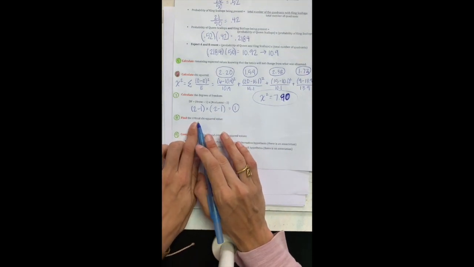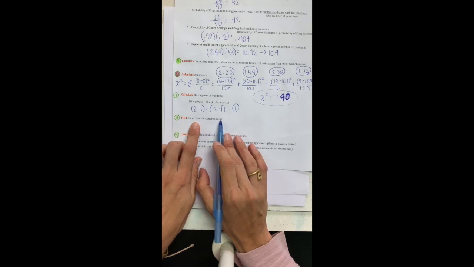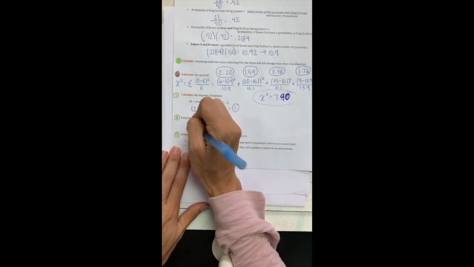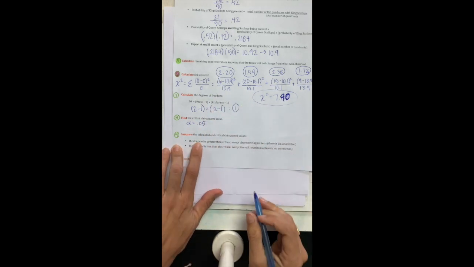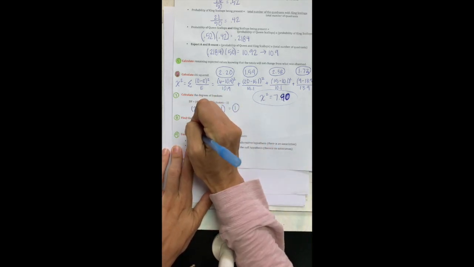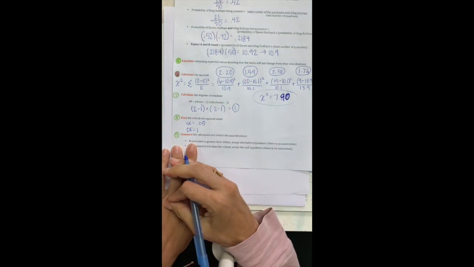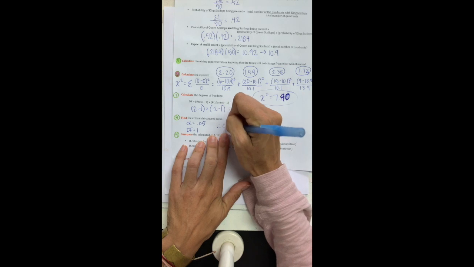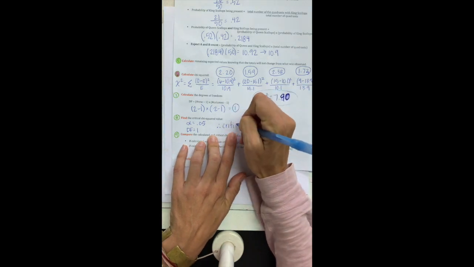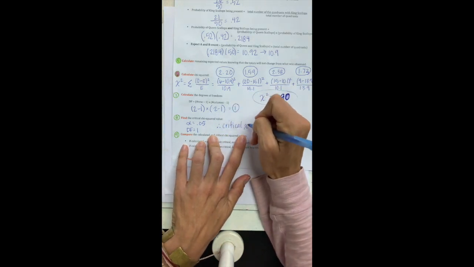Now let's figure out the critical chi-squared value. Let's use the significance level of 0.05, so we want to see if it's within that 5%. The degree of freedom we just figured out equals 1. So if we look back at our table, we had 0.05 and then 1.